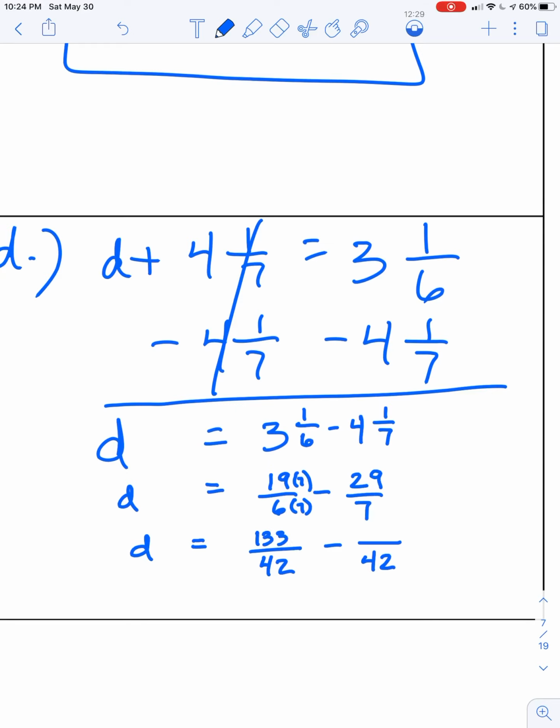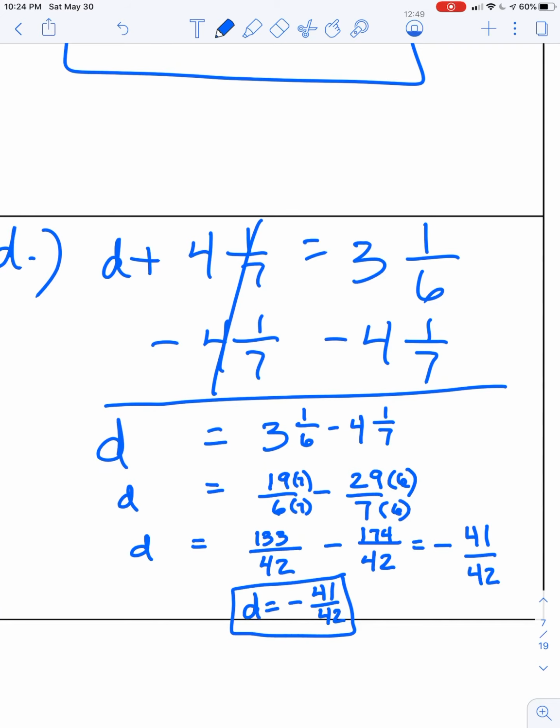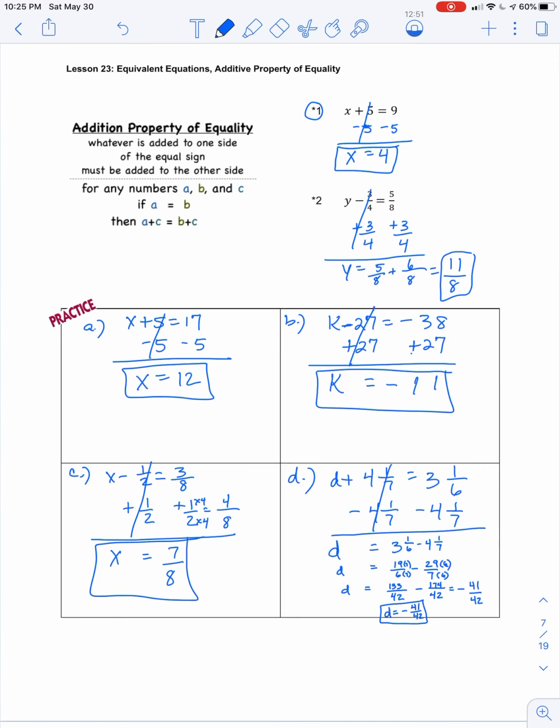When you do that math, you're going to get 133. Here I multiplied by 6. And when you do the math there, you get 174. And your final answer is going to be negative 41 over 42. So in this case, d is equal to negative 41 over 42.